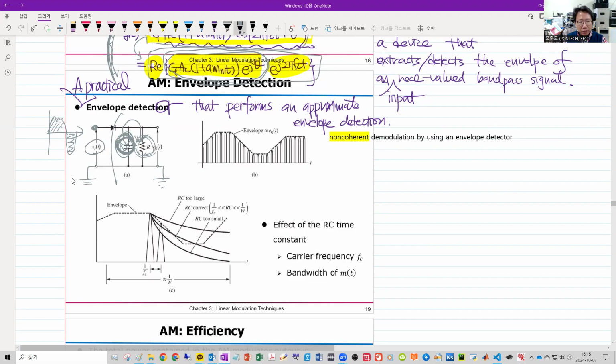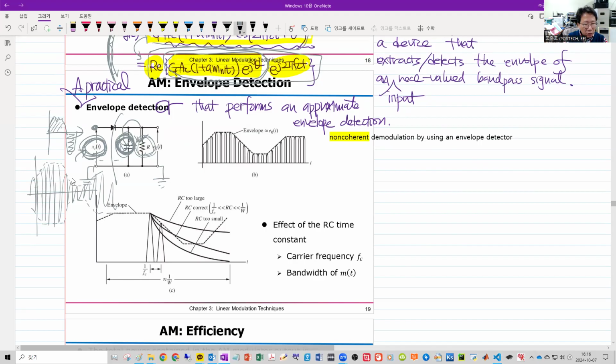Now let's see. What if the input to the envelope detector is this AM signal? So we have some envelope over a carrier. We have a lot of oscillations here, right? This is now applied to this input. What happens?